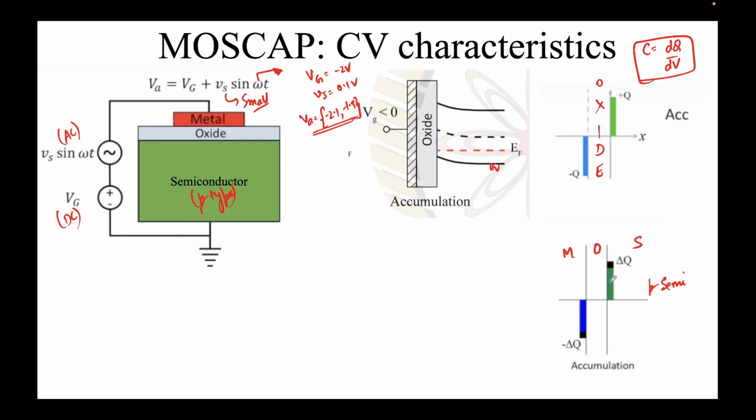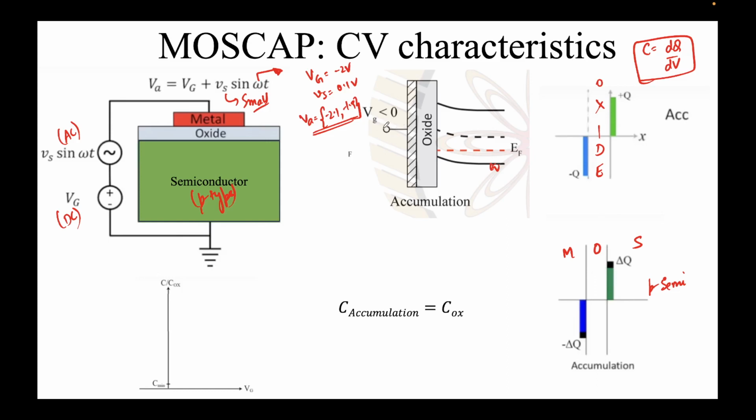And thus we can have a capacitance, the capacitive action. In this case, which I'm calling C accumulation because we are talking about the accumulation regime, C accumulation will be exactly equal to C ox, because whatever change here in the charge is directly reflected here. So essentially nothing else is happening, this oxide is behaving like a capacitor.